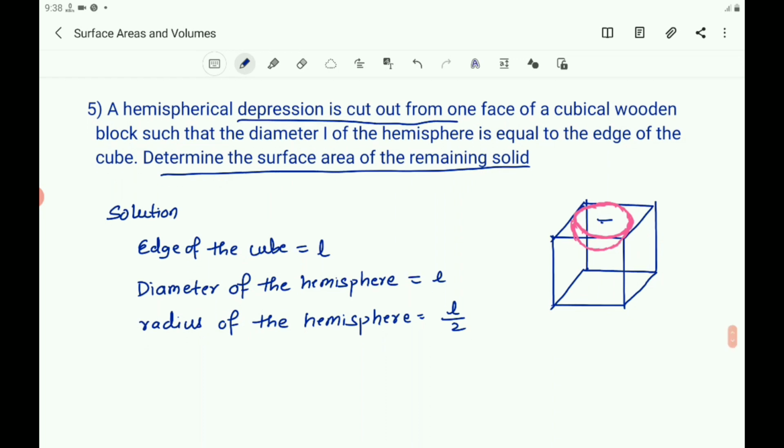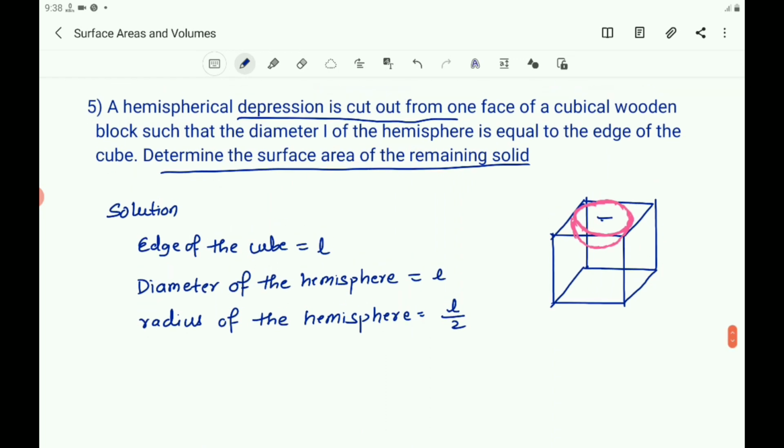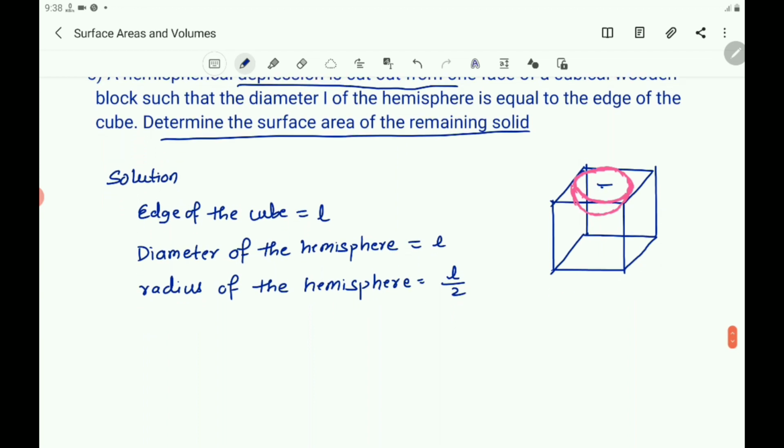You know that the area of the remaining solid is the external surface area of the solid plus the curved surface area of the hemisphere.